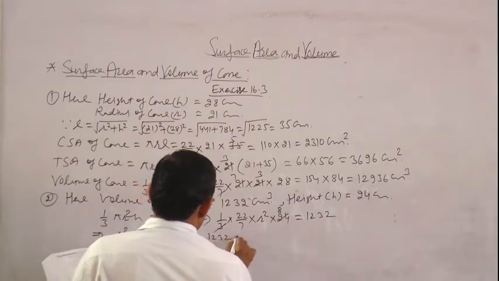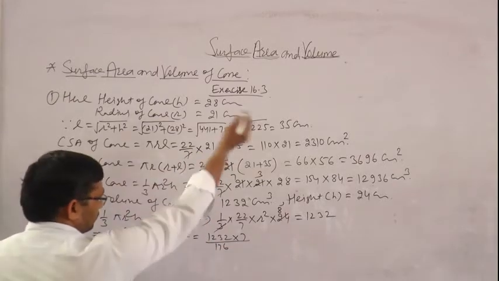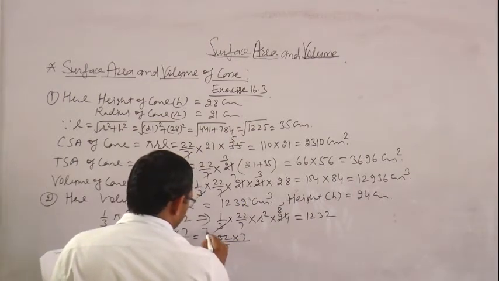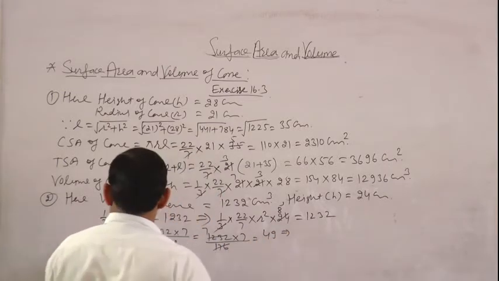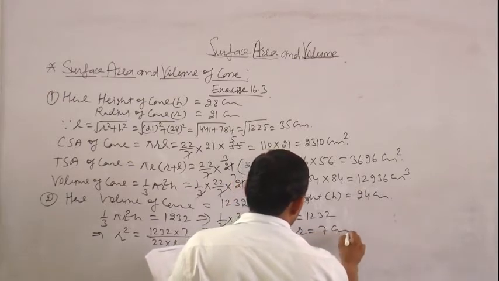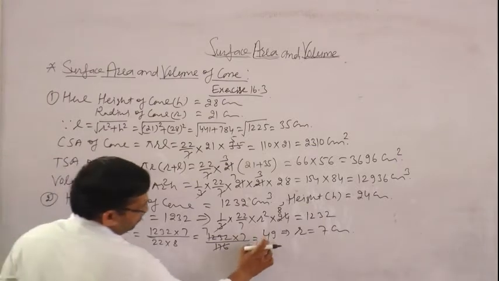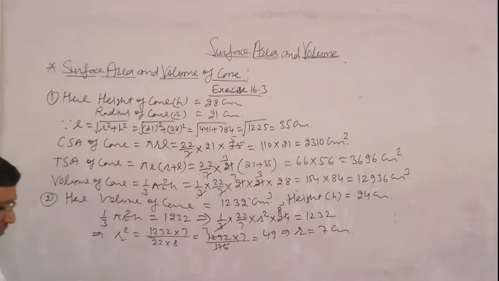That is 1232 multiply 7 upon 176. 176 7s are 1232. It means 7 7s are 49. There implies r is equal to 7 centimeter, because r square is equal to 49, so r is equal to square root of 49 is 7 centimeter.